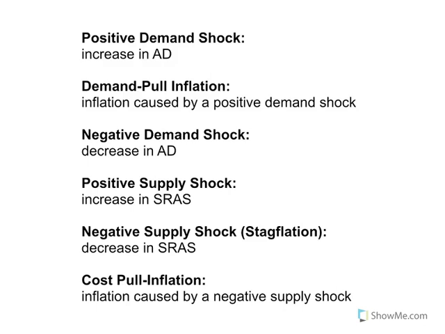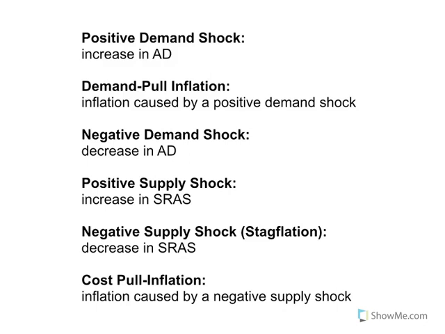A positive shock increases the corresponding curve. A negative shock would decrease the corresponding curve. So if it's a positive demand shock, that's an increase in AD. A negative demand shock would decrease AD. Same thing with positive and negative supply shocks.